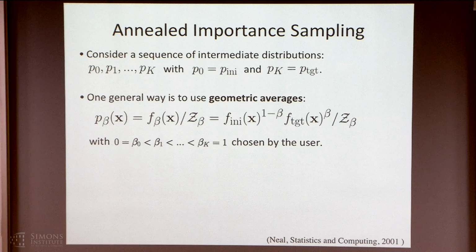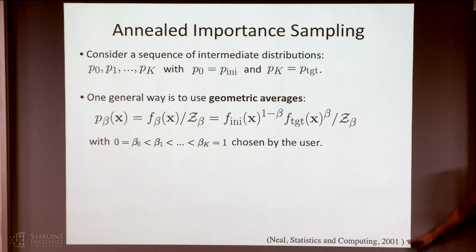Now, there is a class of algorithms called annealed importance sampling, a beautiful algorithm developed by Radford Neal and a few other people back in the late 90s. The idea is to consider a sequence of distributions that bridges your initial distribution to the target distribution.